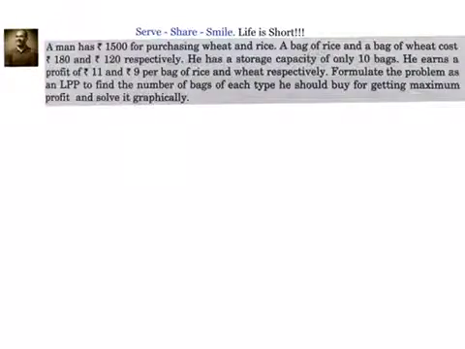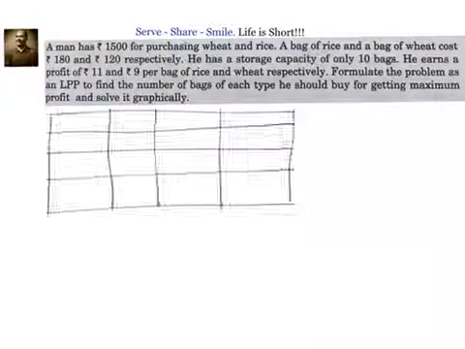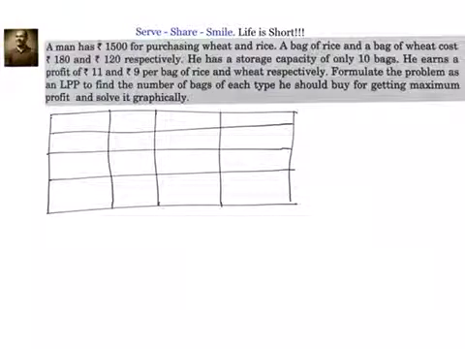So let's take this information to understand it easily. We'll just put a table. Since we are discussing rice and wheat, I'll write down that. We'll say rice here and wheat here, and we want to know any constraint for that particular row.